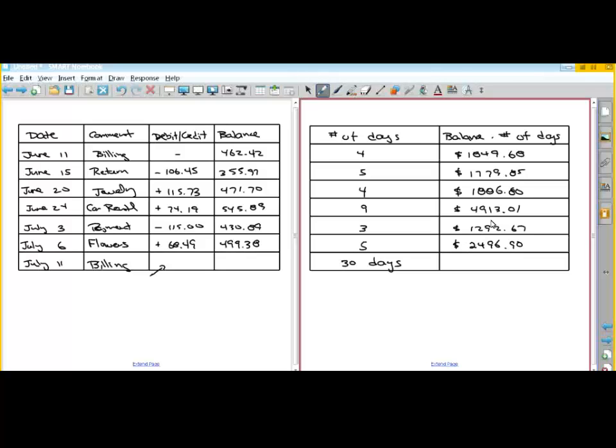Now you add all these up. 1849.68 plus 1779.85 plus 1886.8 plus 4913.01 plus 1292.67 plus 2496.9. So the sum of all these is 14,218.91.